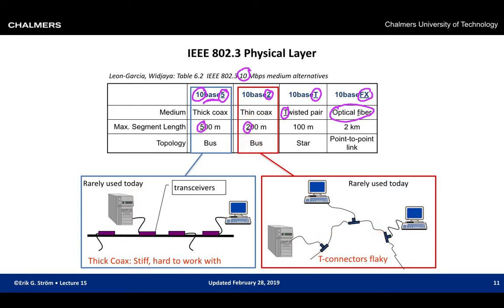And this one was a little bit better, but these connectors were kind of flaky. So there are no new deployments of either of these. This is all historical stuff. I'm sure there's some Ethernet somewhere that still has this, but most of it is already ripped out, so it's not used anymore.